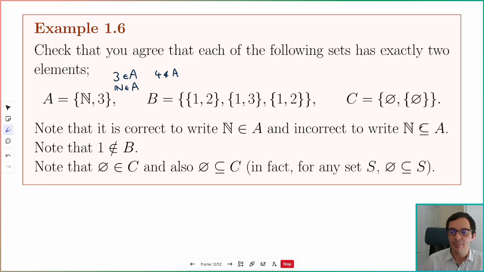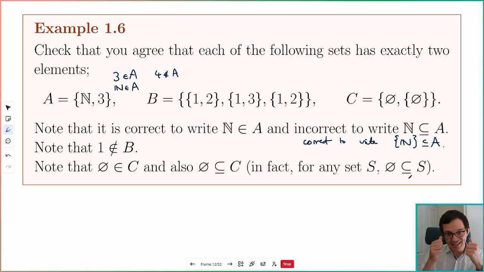Because in this case, the naturals is just a plain element of the set A. If you're thinking of a subset, it is a set made of elements of A. So it's correct to write that the set containing the naturals on their own is a subset of A. That really is a subset of A.